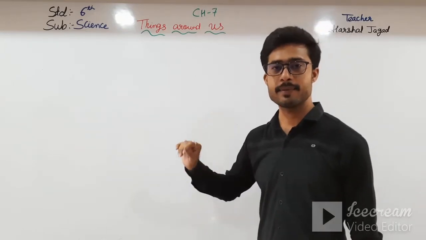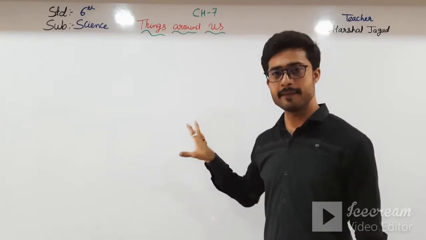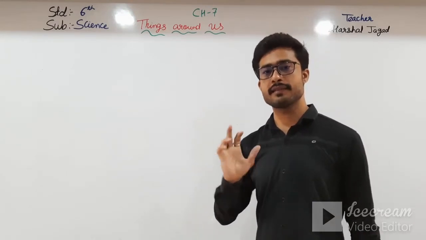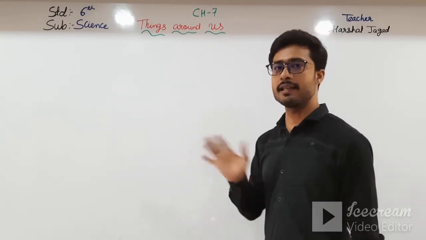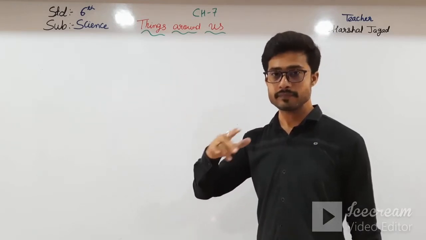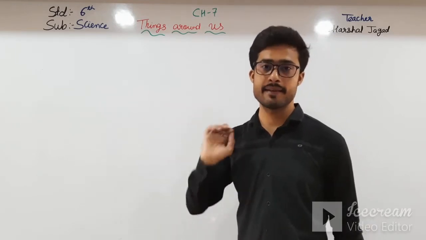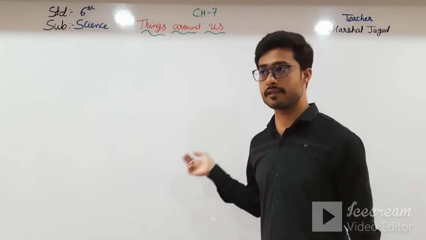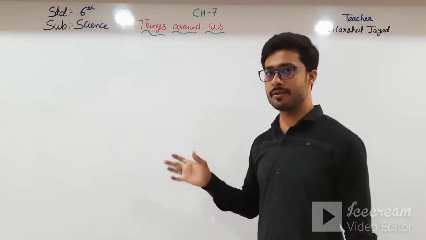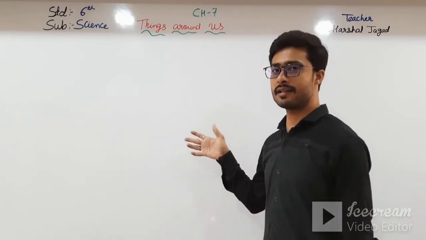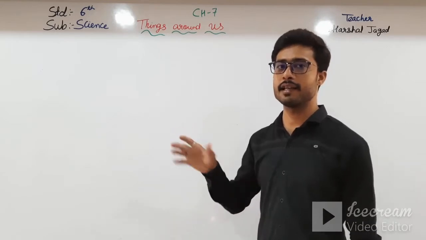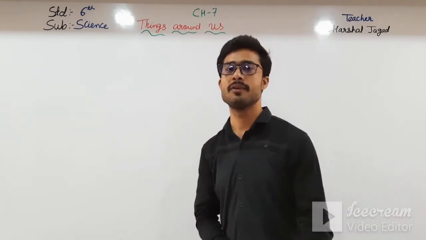If you use it properly and take some care of it, then it will work for a long time, 10 years, 15 years. But if you don't use it properly and don't take care of it, then it will not work even for 1 year. Okay students.